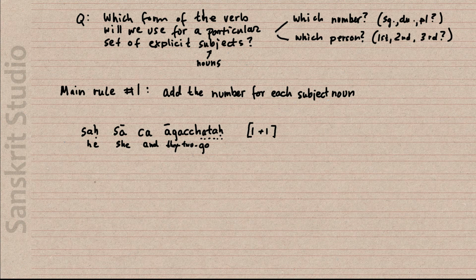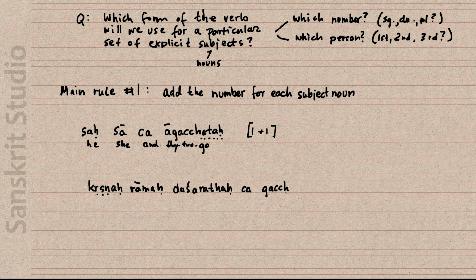And then we can have a thing like Krishna, Ramaha, Dasharatha cha gach something.